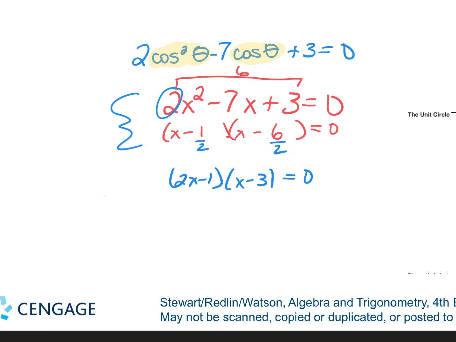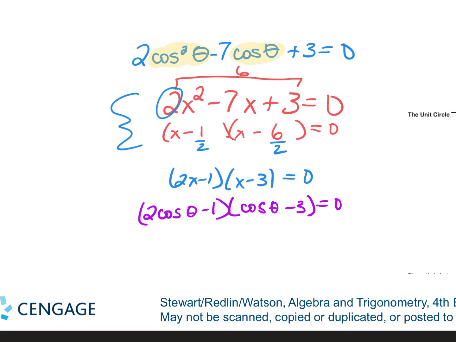Cosine, because that's the trig function that we're using. So this says 2 cosine theta, I'll put it back to theta, minus 1, and cosine theta minus 3. Same exact concept, just your quote-unquote variable changes, right? Your trig function is just, you can look at it as a variable.